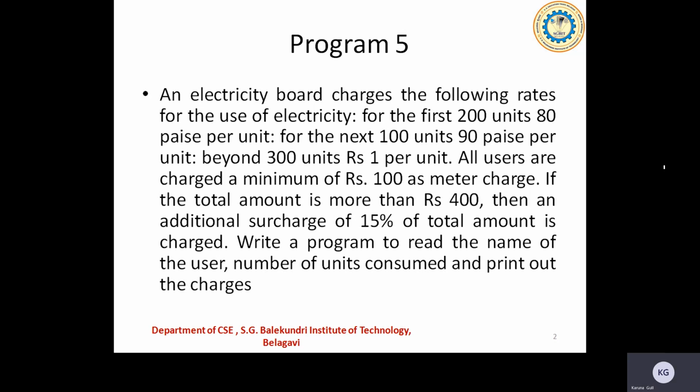If the total amount is more than rupees 400, then an additional surcharge of 15% of the total amount is charged. Write a program to read the name of the user, number of units consumed, and print out the charges.